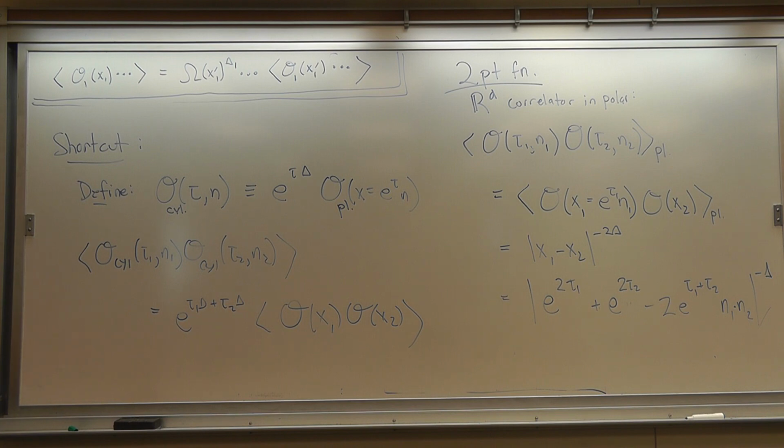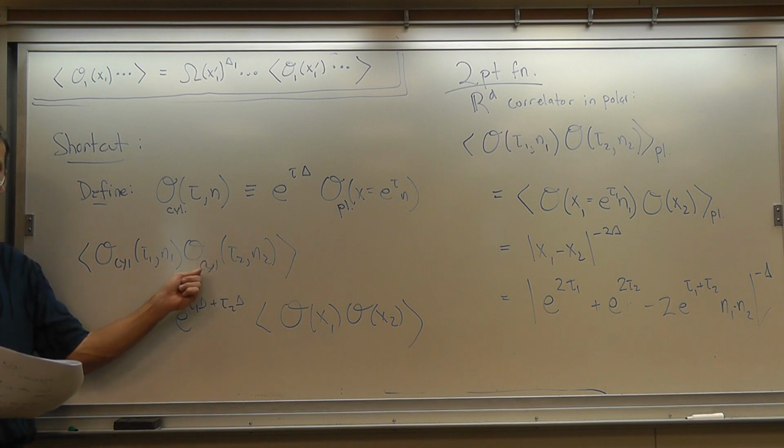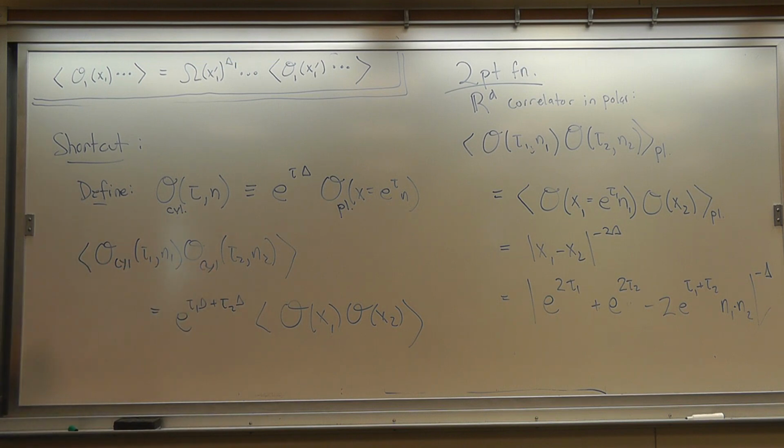I find this very confusing because O sil here, which is nicely labeled sil, is not on the cylinder. O sil is an operator on the plane. It's an operator in the CFT.